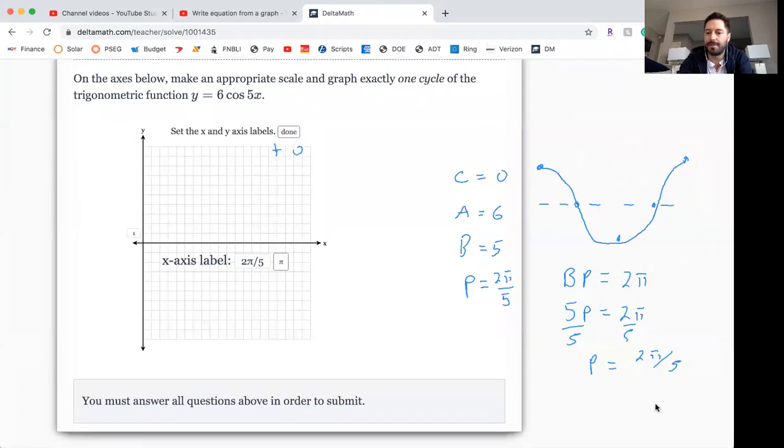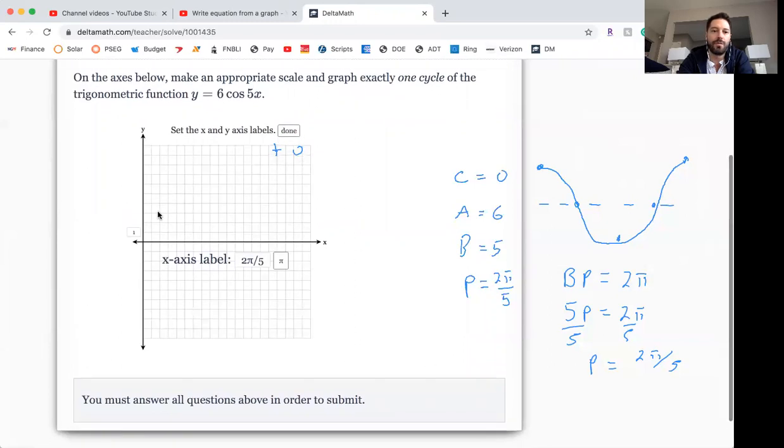Right, this is what I meant by it was tricky. I'm going to make this y-axis go up by 2, 3. I'll make it go up by 1.